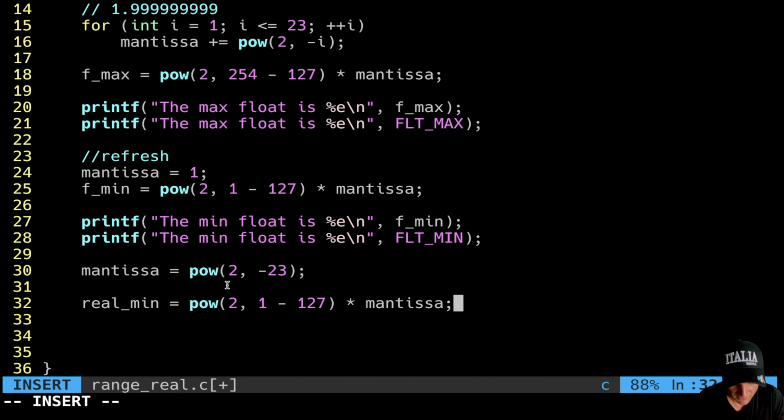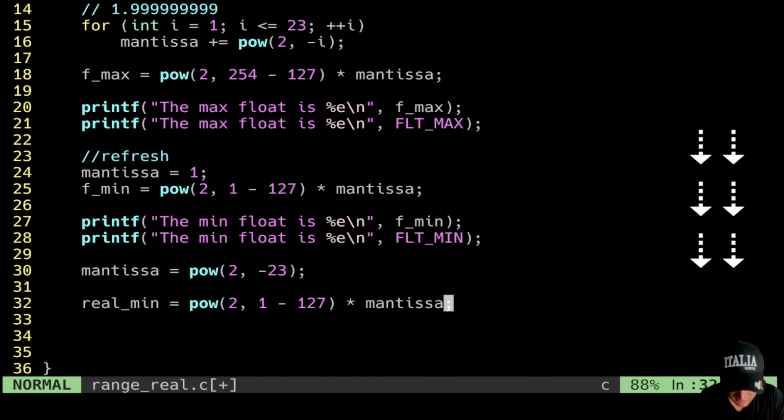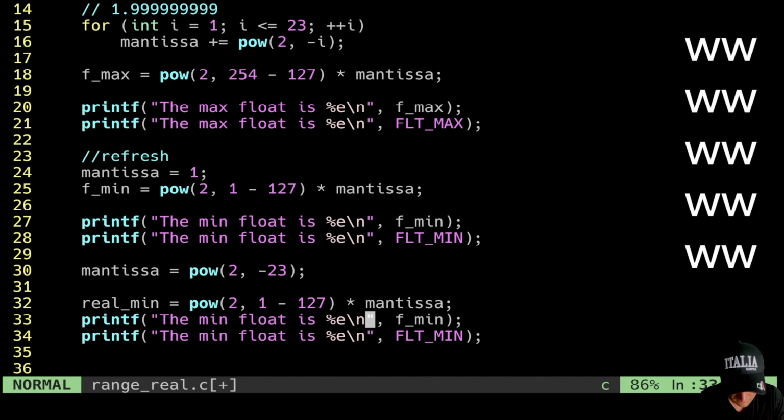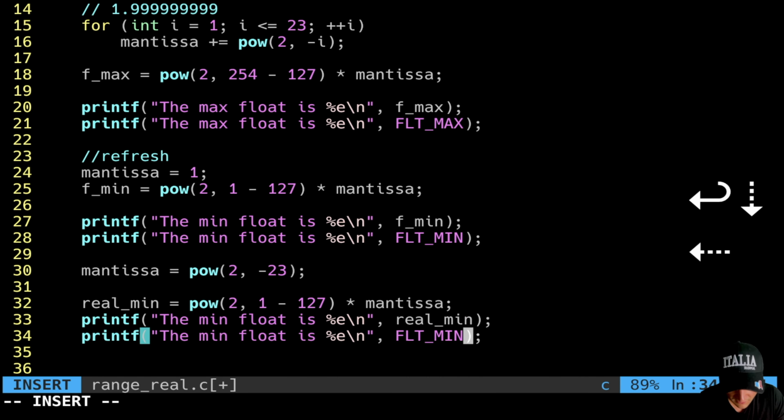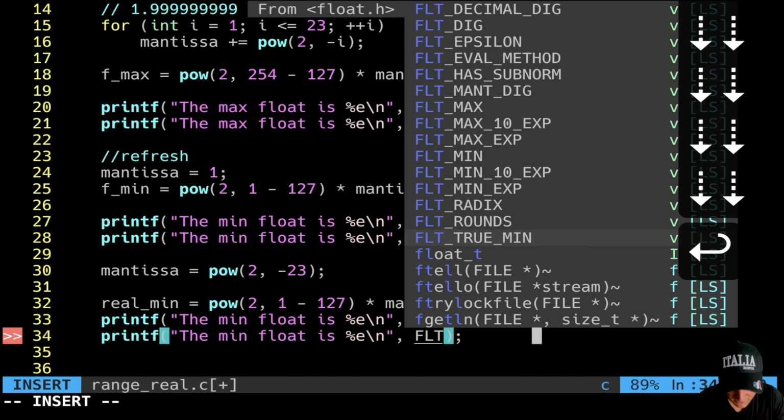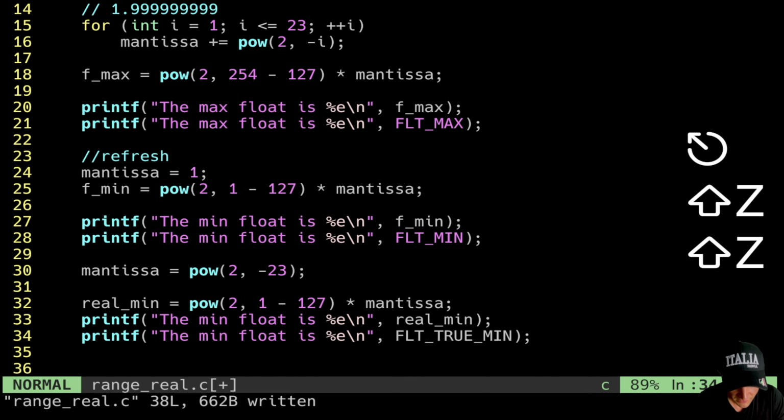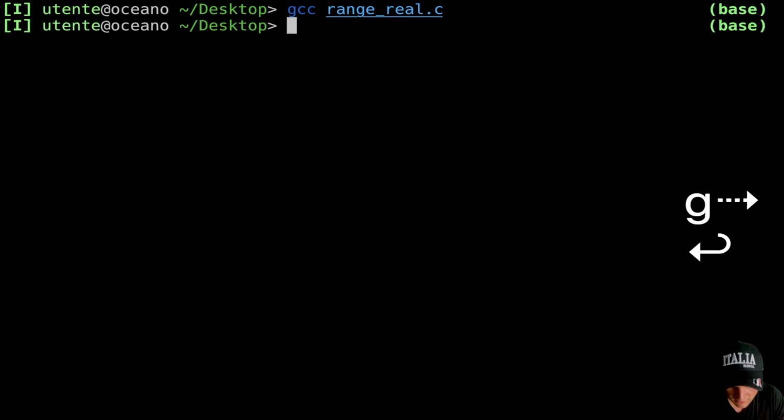So the same power, but this time the mantissa has only this tiny value. So let's copy again this boy, and we're gonna see this time. So float, so we have real min, and float true min is the symbolic constant. Okay, let's compile again and launch.